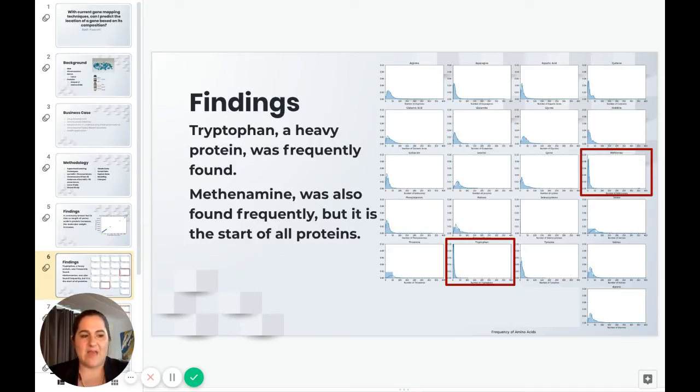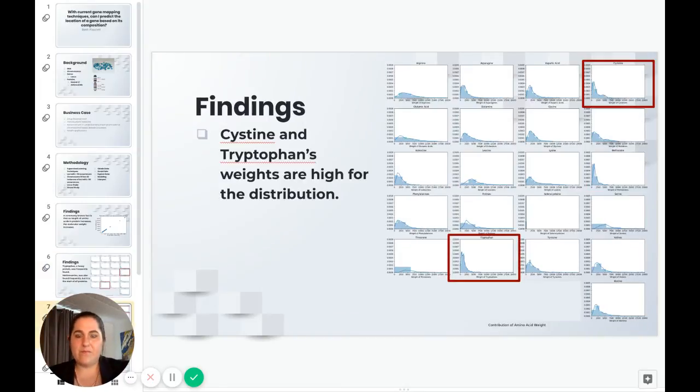And again, it's very heavy, so that drives this idea that there might be something related between amino acid composition and location on the chromosome, because if you have this big bulky tryptophan and you have a ton of it, you have to organize it in a way that it'll actually fit inside of the container, being the nuclei inside the cell. I also found that cysteine and tryptophan's weights were really high for how commonly they were found.